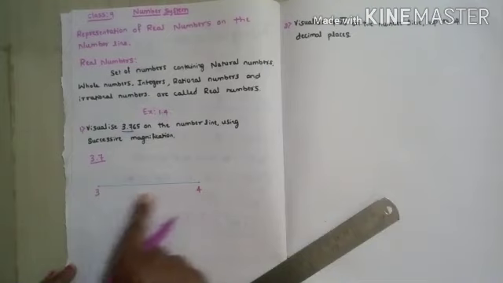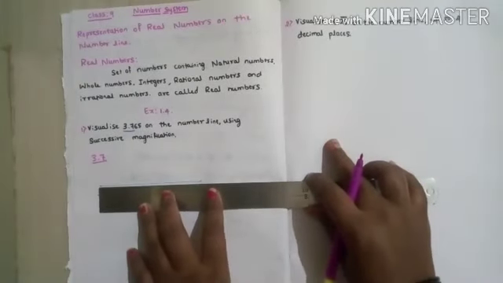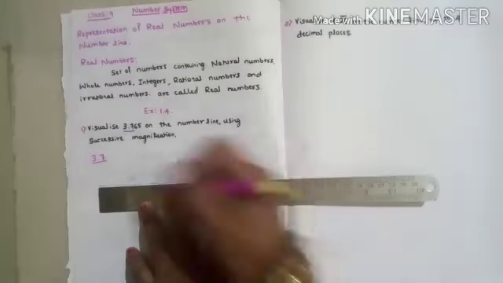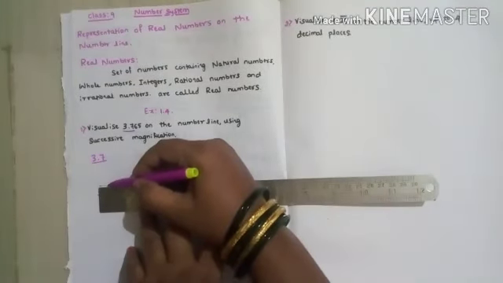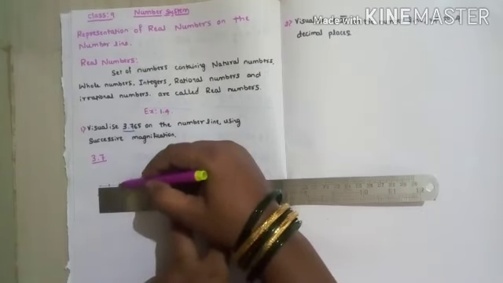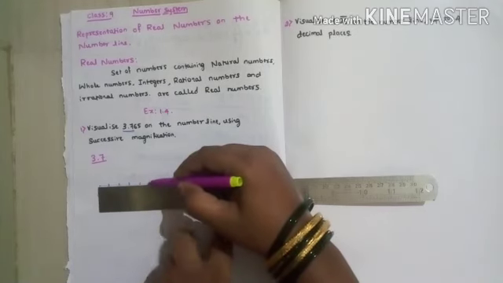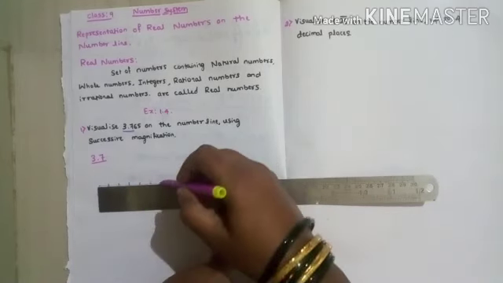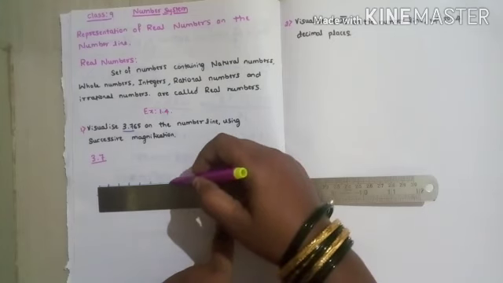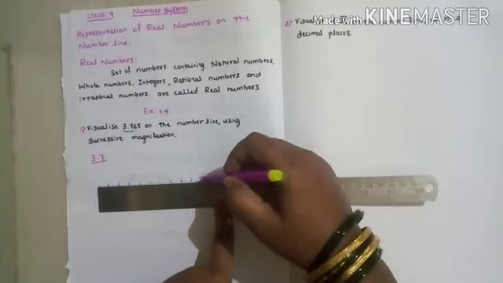Between 3 and 4, I will make 10 parts, marking 1 centimeter parts. Just use the scale and do it. 1, 2, 3, 4, 5, 6, 7, 8, 9, 10.